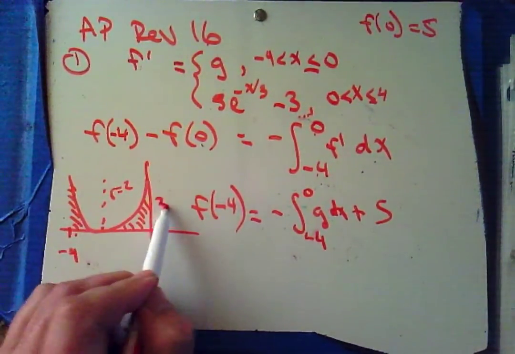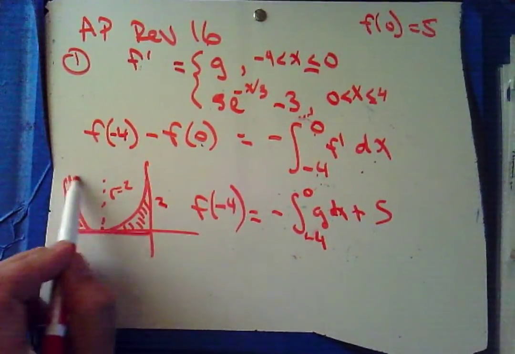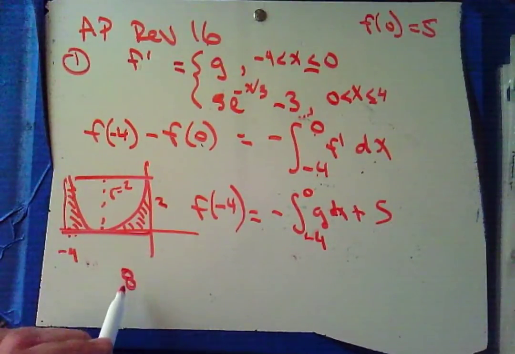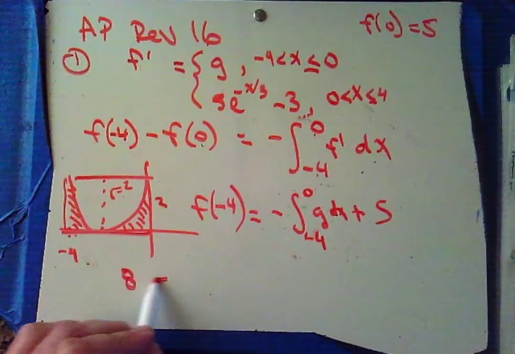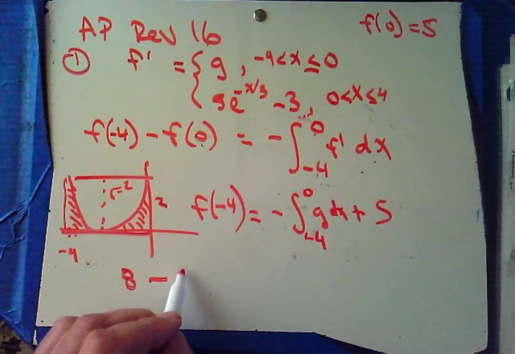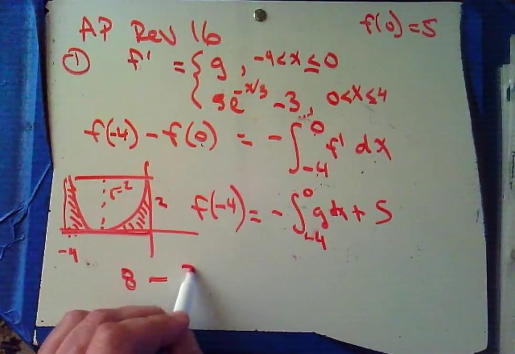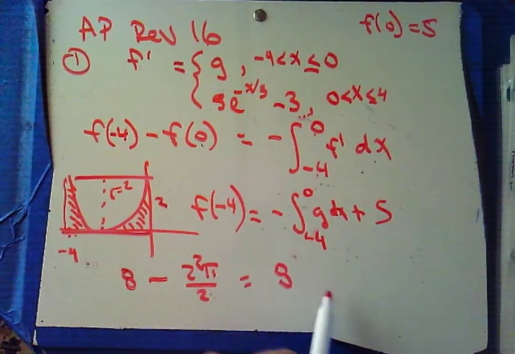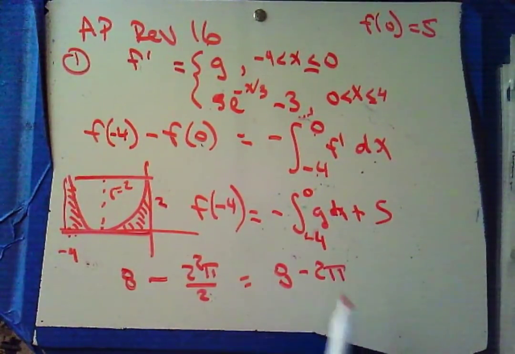So I've got a rectangle whose area is 8, and I want to subtract from that half of a circle whose radius is 2. So 2 squared pi divided by 2. It's 8 minus 2 pi.